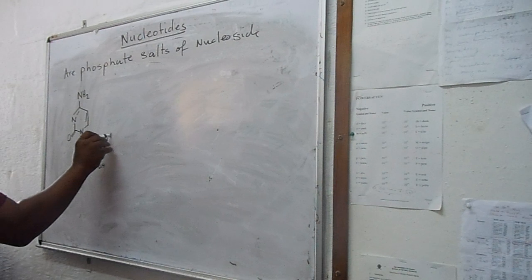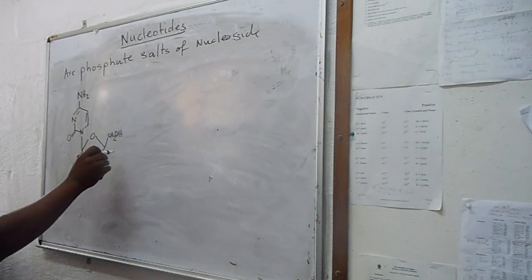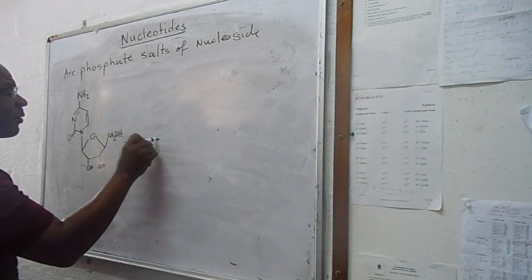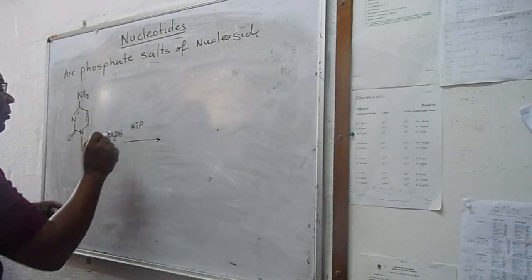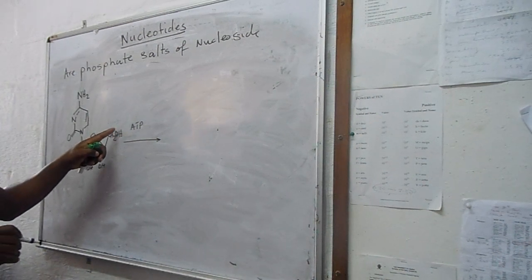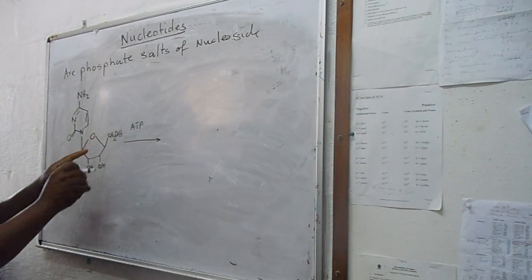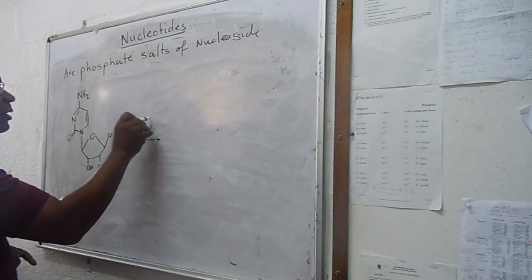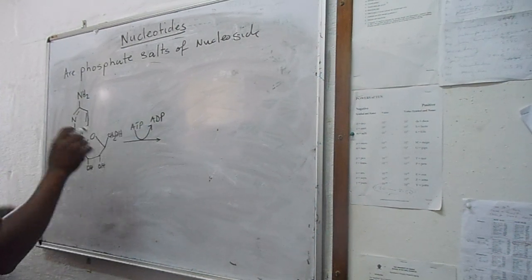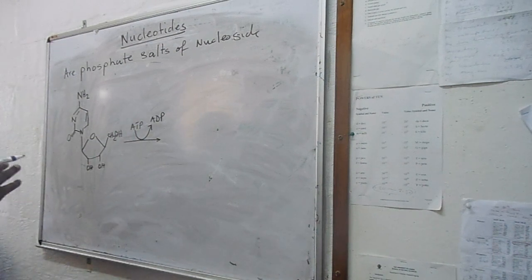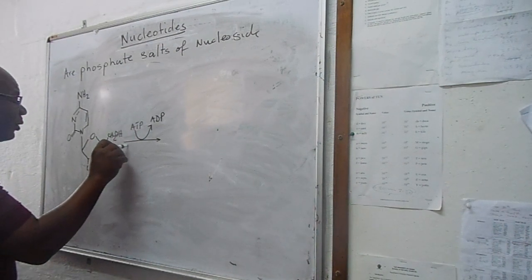Of course, that is your terminal CH2 hydroxide. Now, this can react with the ATP. What the ATP is doing is just to transfer one of the phosphates to the terminal hydroxide, and the ATP will be converted to ADP. Of course, you require an enzyme, because this is an enzymatic reaction.